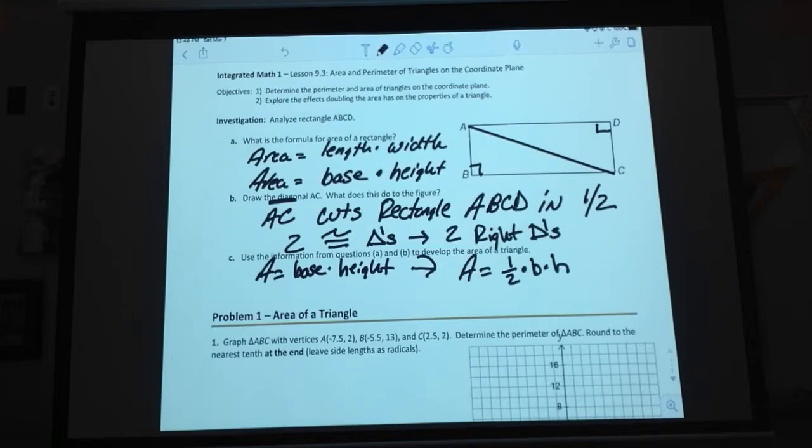I'm abbreviating base and height as B and H. The other way I could write that is simply B times H divided by 2. It works either way. At the end of the day, this is the equation for the area of a triangle. So the area of a triangle is always going to be 1/2 base times height. Okay? All right.